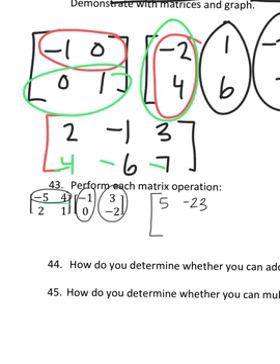Then I'm going to go to the second row, first column. 2 times -1 plus 1 times 0 is -2. And then I do second column. 2 times 3 is 6 plus -2 is 4.